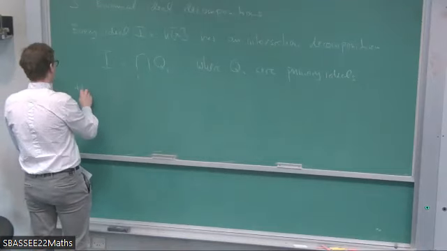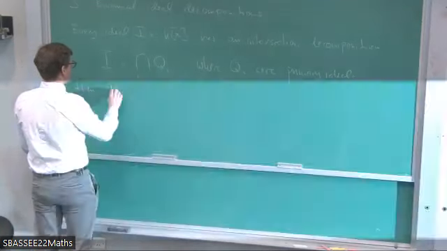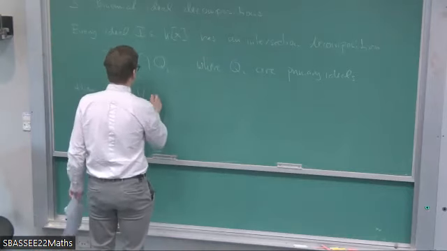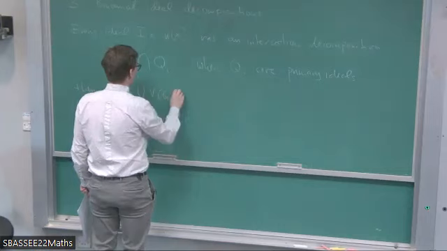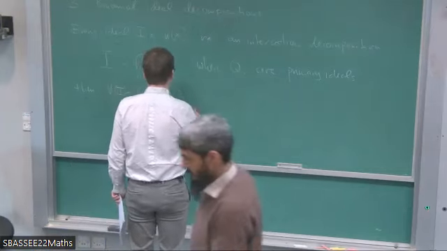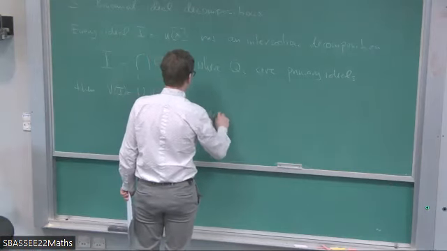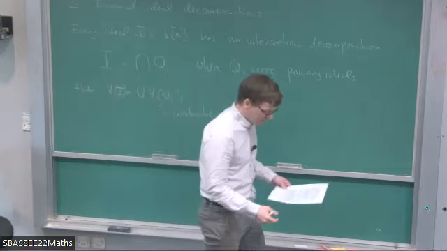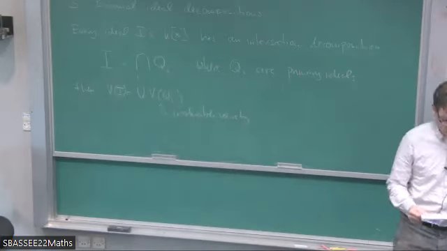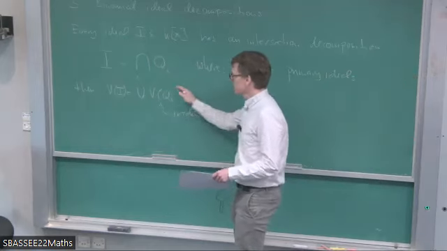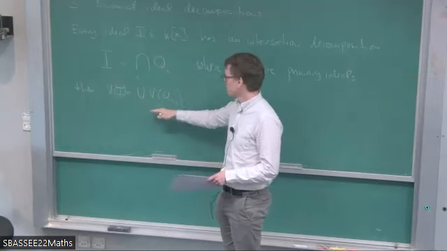So then, for example, the variety of I is the union of the varieties of the Qi, and those are all irreducible varieties, meaning that they cannot be written as a finite union of strictly smaller varieties. I mean, there are many subtleties to this. Some of these things might be redundant.